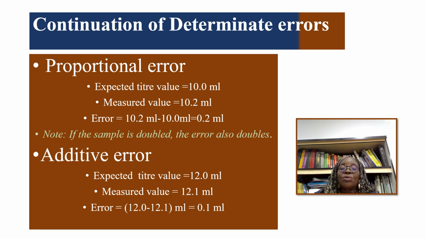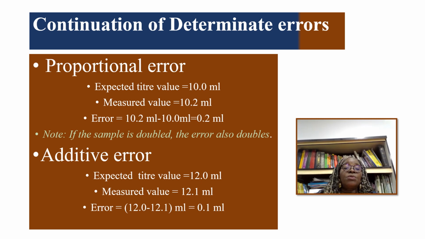It is always a constant error. For example, if in a titration you are expected to have 12.0 mL, but your measured value is 12.1, it means that an error of 0.1 has been introduced.